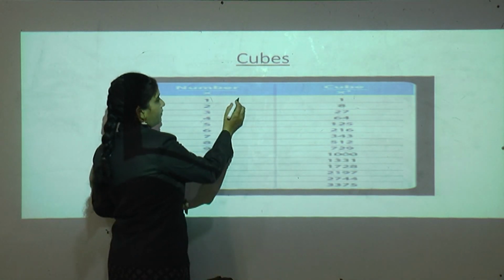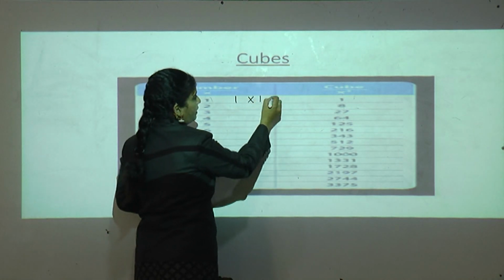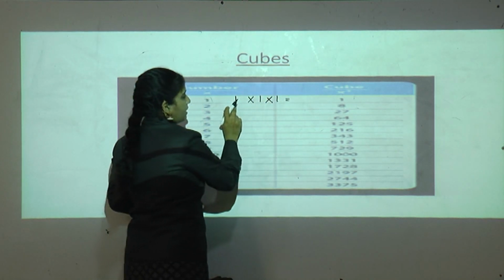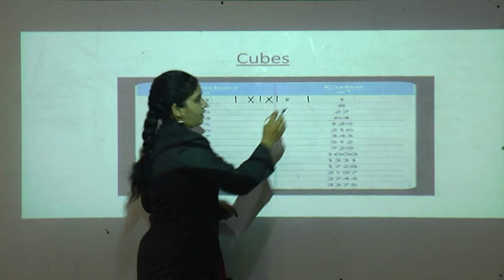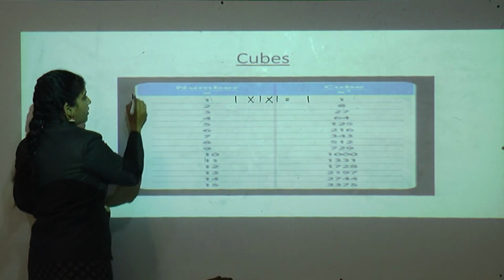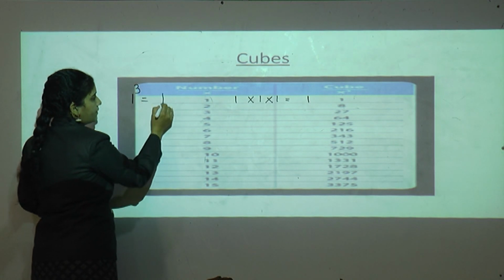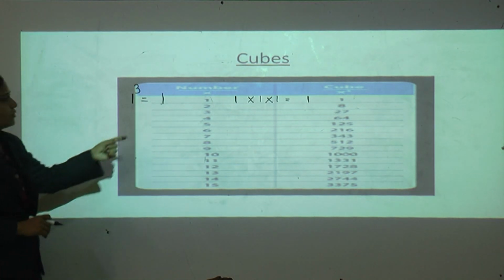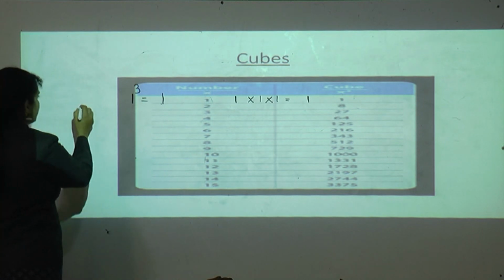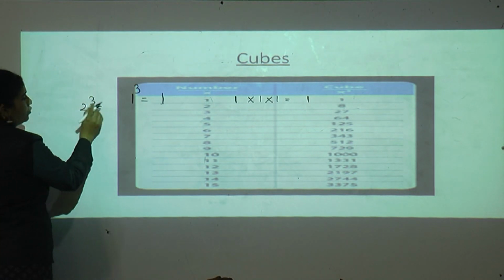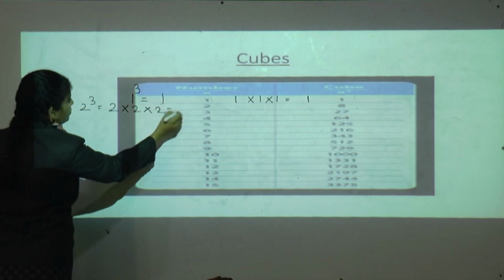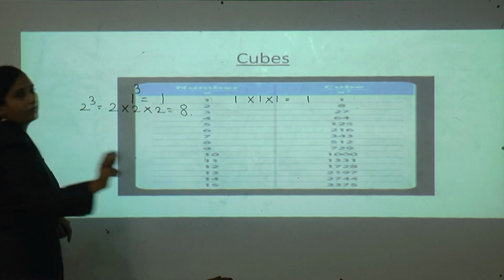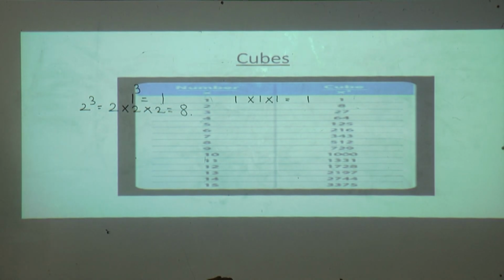Here we see 1 multiplied by 1 multiplied by 1. Just now I multiplied 1 three times, the answer is 1. So the cube of 1 is 1. Now about 2. See students, cube of 2, that means multiply 2 three times. What will come to us? 8. Very good. That means the cube of 2 is 8.